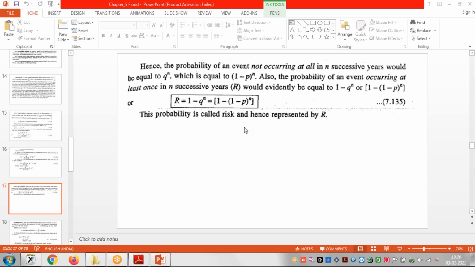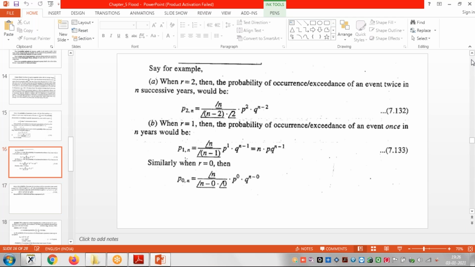Now, the probability of rainfall, what I told you, just the probability of rainfall occurrence at least once in a year. So we say that probability means risk.